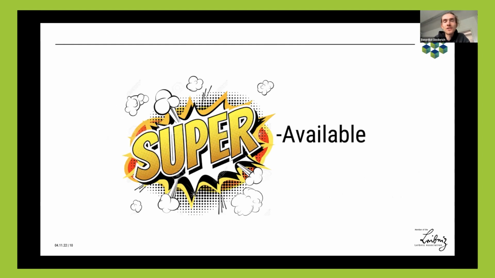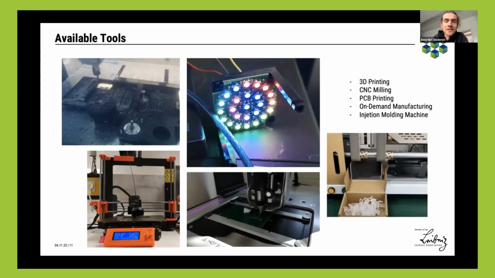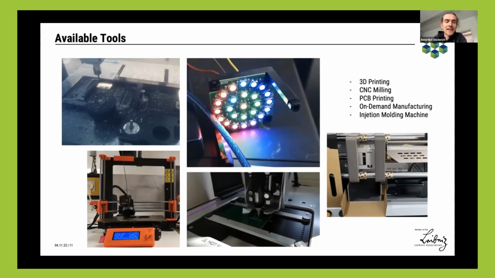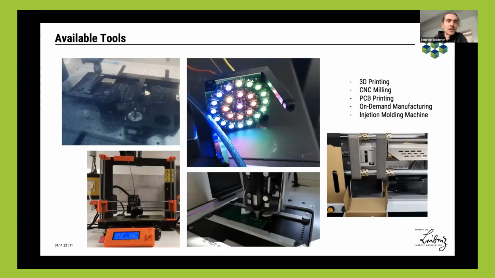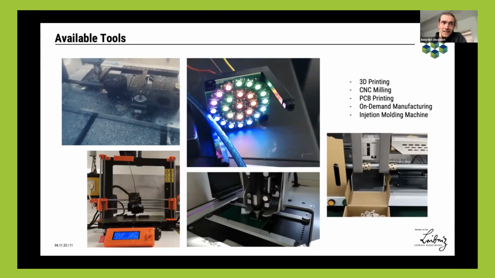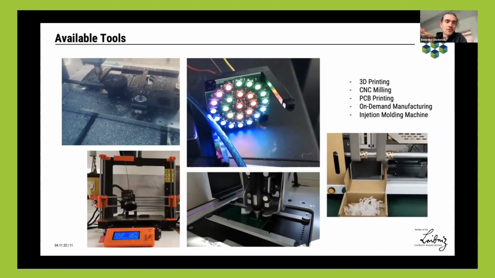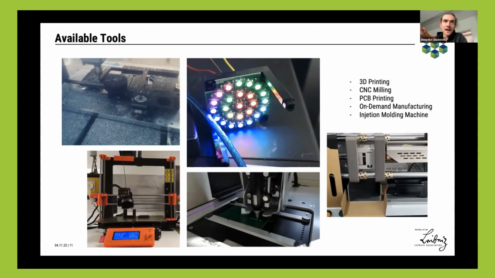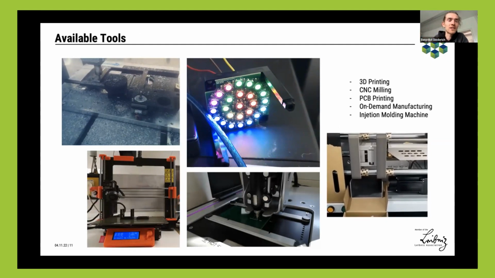And how do we do that? First of all, you have to make it super available. There are already tons of tools nowadays which were not there 10 years ago. Johannes already mentioned it. You can buy CNC machine parts pretty much off the shelf, or you buy one of these machines in the price range of a 3D printer.